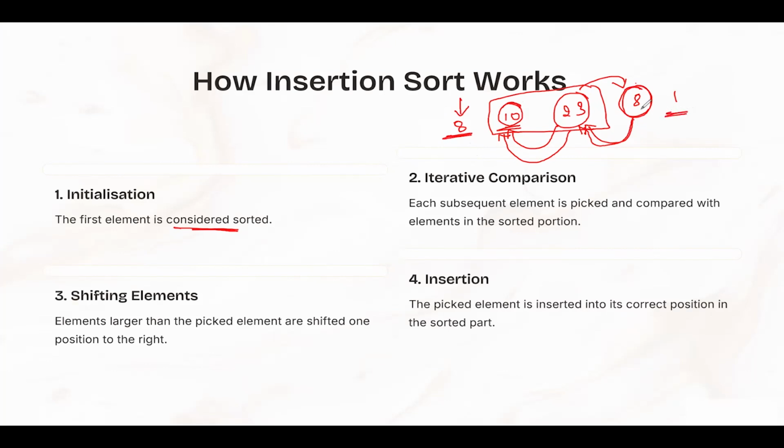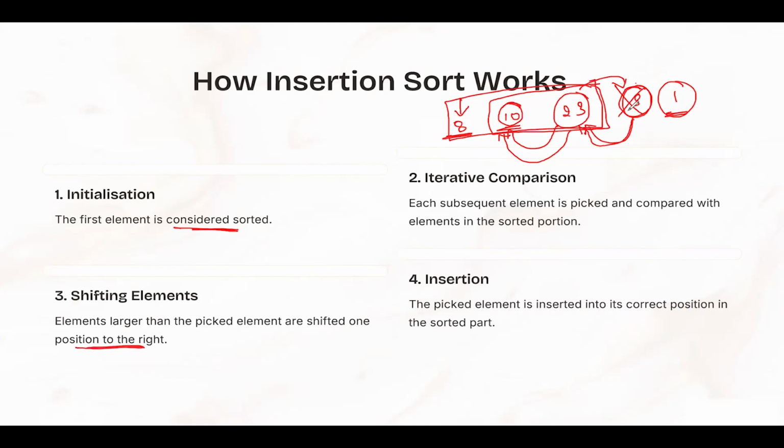Similarly, I will compare the next one. As you can see, 8, 10, 23 is the sorted portion. I'm going to take the next element, compare, and find out the correct position for it to be inserted, just like how we do it with cards. This happens during the iterative comparison. Once I find the position, elements larger than the picked element are shifted one position to the right.